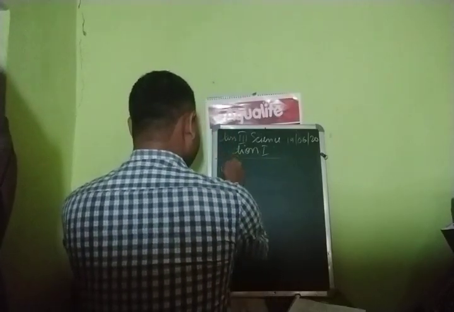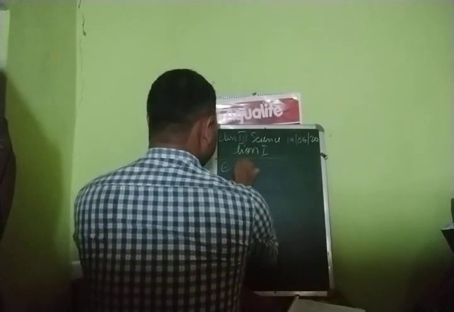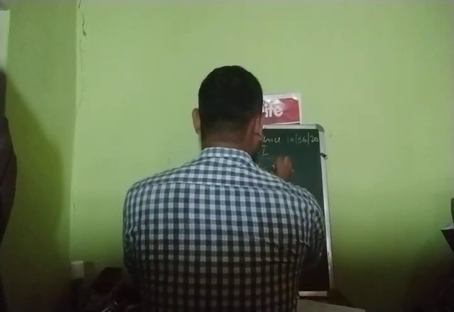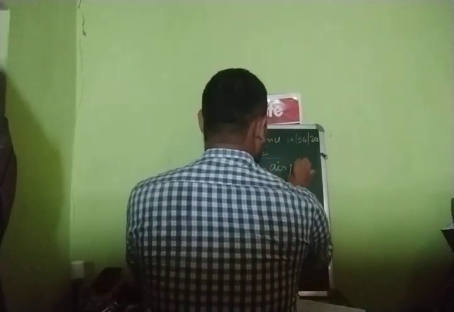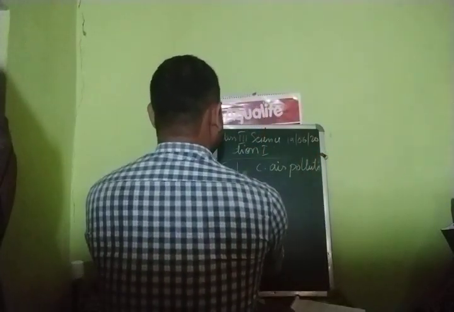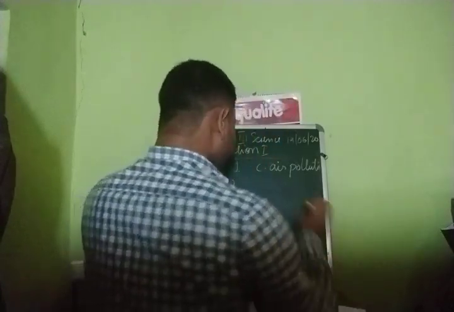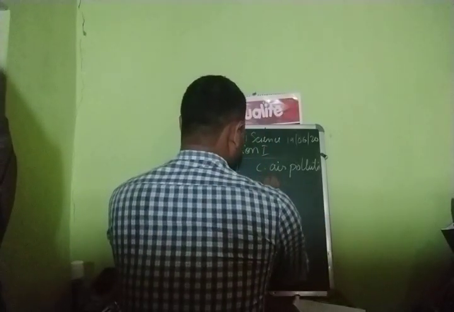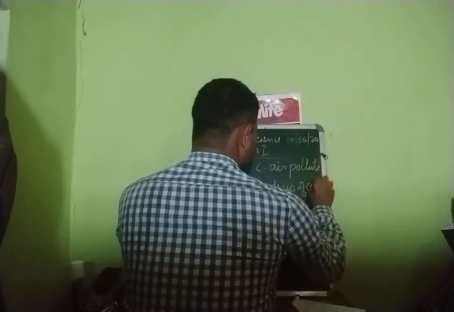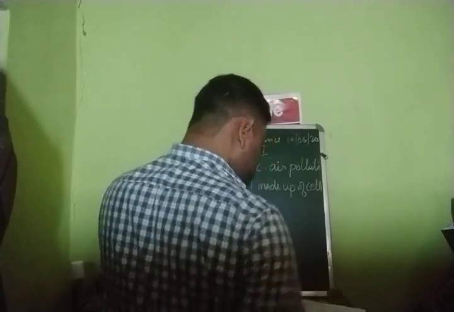Point number E. Match the following. Number 1 is smoke. So what will be smoke? Smoke will be number C, air pollution. Number 2, tissue, made up of cells. Point number D, made up of cells. Number 3, lungs, chest cavity.